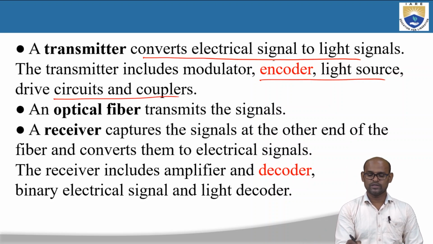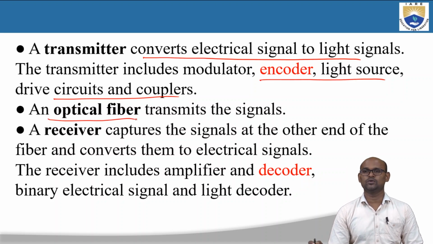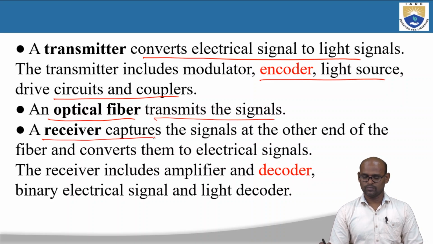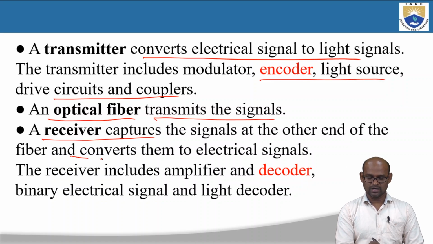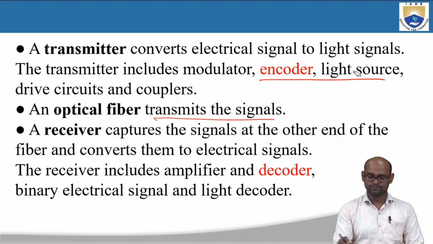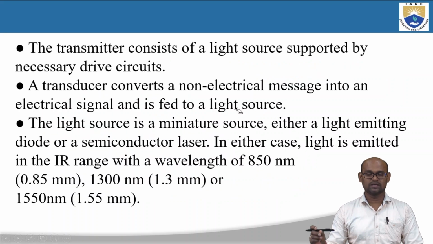Once the transmitter converts the electrical signal into a light signal, that light signal is given as an input to the optical fiber through which signals propagate. Then this light signal is received by the receiver, and it converts it into an electrical signal again. The receiver includes amplifier, decoder, signal restorer, and light decoder. So these are the three major components.